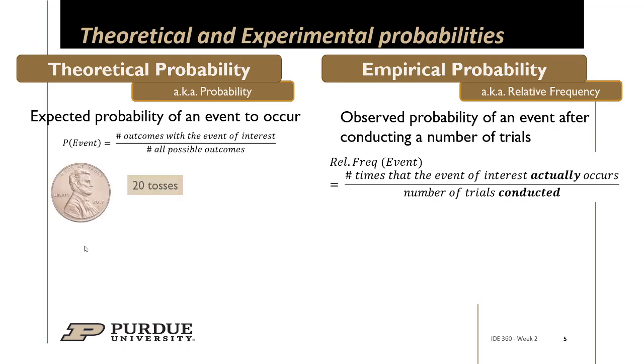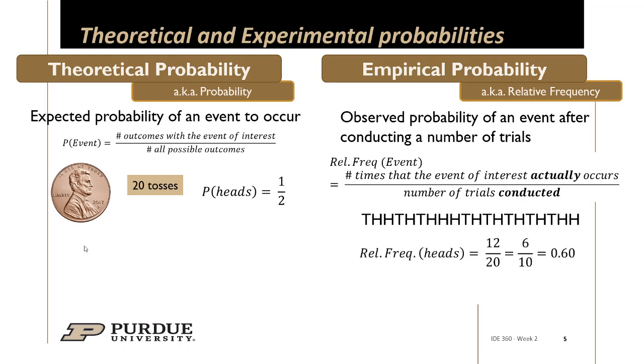So in an example here, let's keep tossing a coin. If we have 20 tosses, in theory, we expect that the probability of heads is still 1/2. But if we actually perform the experiment of tossing that coin 20 times, we'll find that the relative frequency of heads will be different than 1/2. Like in this case, we have 12 observations for heads over 20, which makes 0.60.